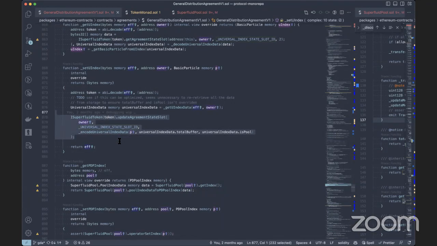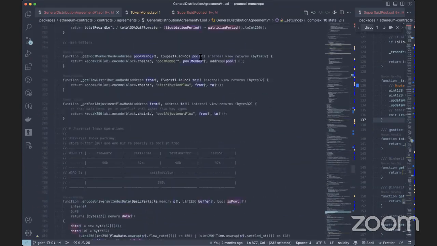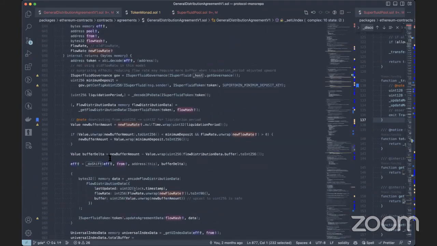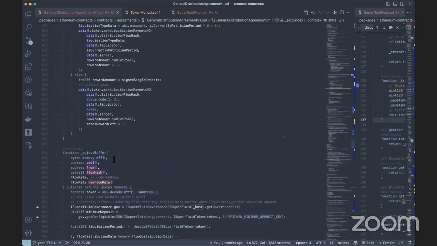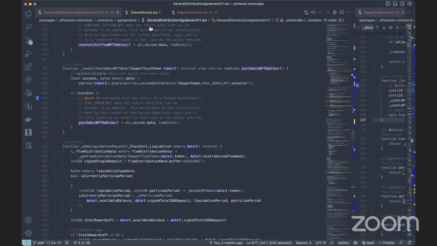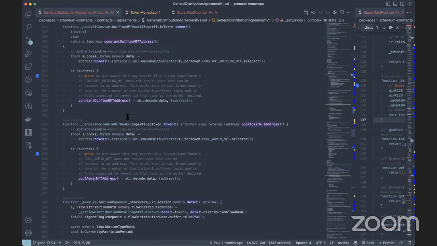It's basically the exact same as CFA and IDA, where you call the function, make some changes, put it into the token, and that's the end of that. In this case, there are no super app callbacks, but there are callbacks through token monad.